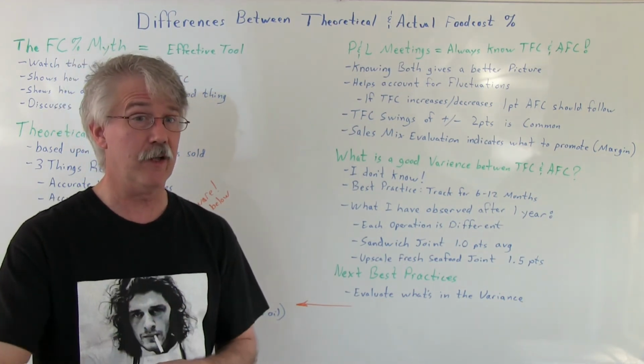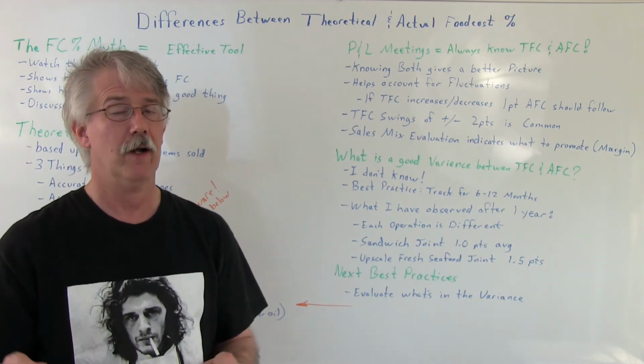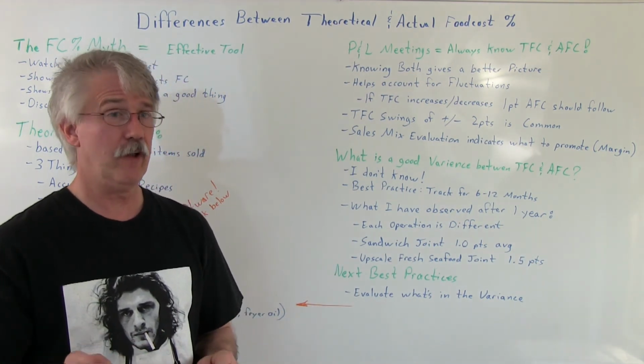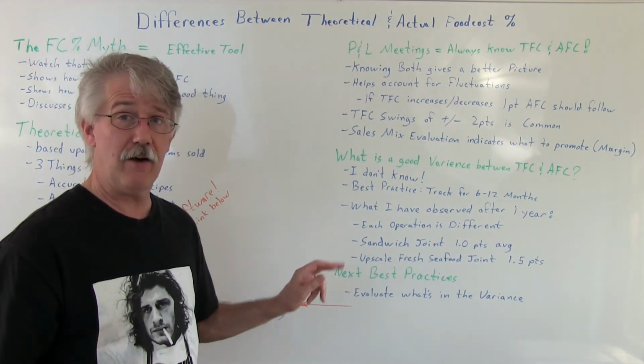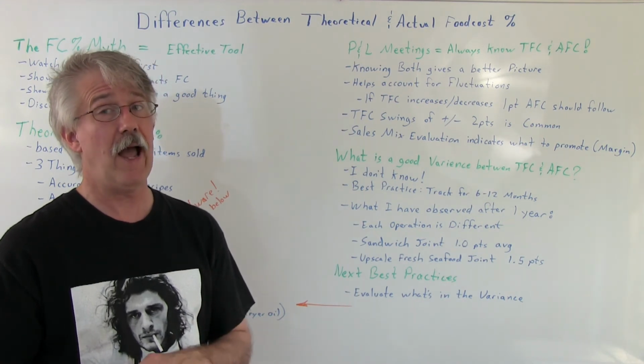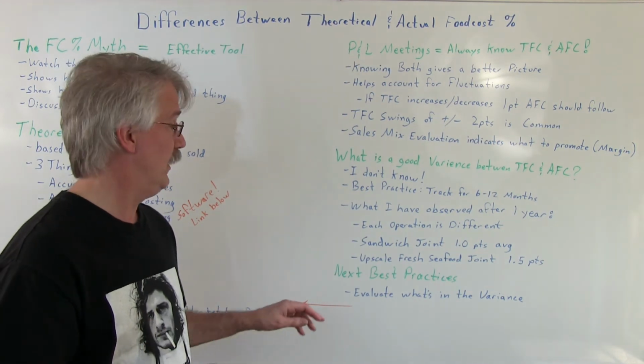Now, month to month, it can swing more than that. Actually, some months quite a bit more. But once it's averaged out over the course of a year, it looks like 1 point is about the average variance for that between theoretical and actual. And that's good information to know. All right, that can help you in your meetings.